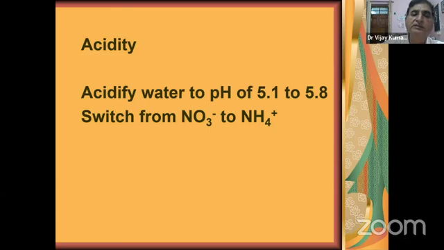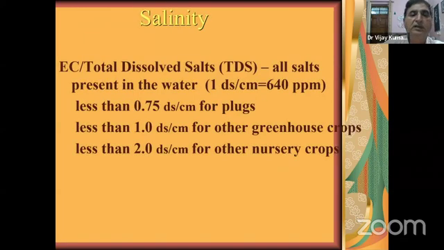Acidify the water, acidity, that I have told, and then salinity level. If the salinity is very high, then we have to dilute it with canal or fresh rainwater, and then use it for fertigation or the nutrient solution.